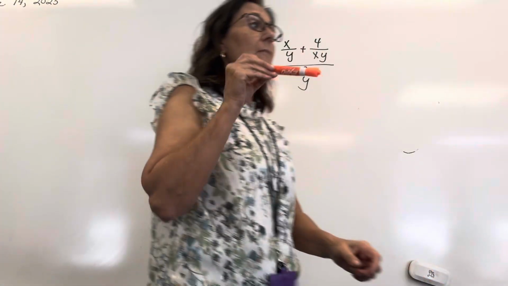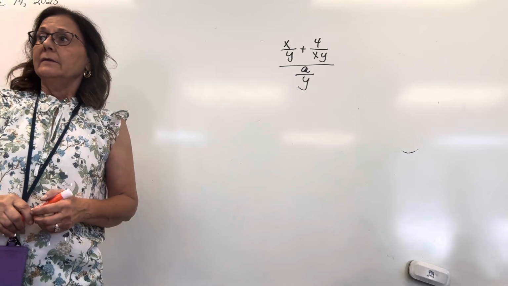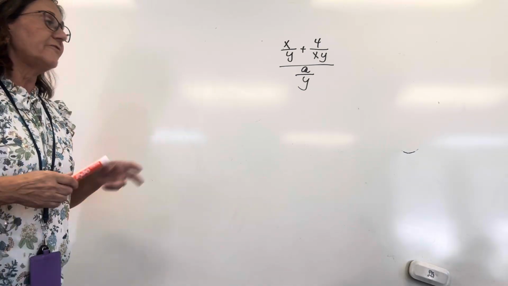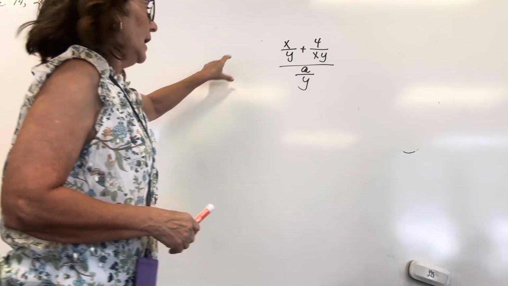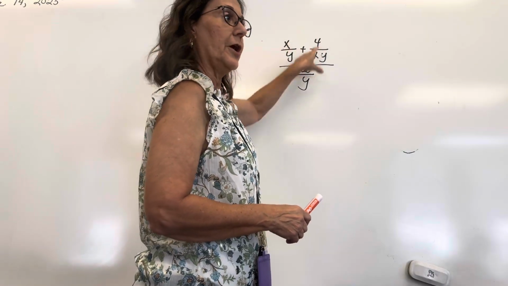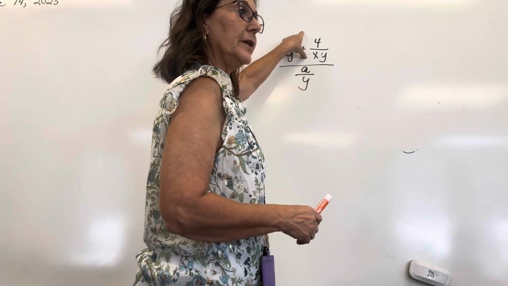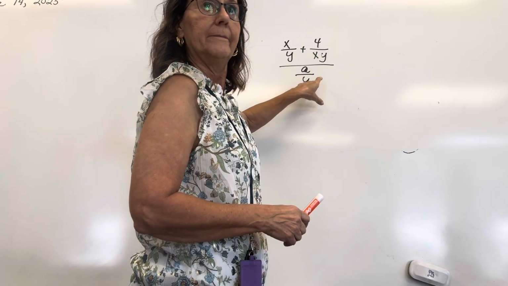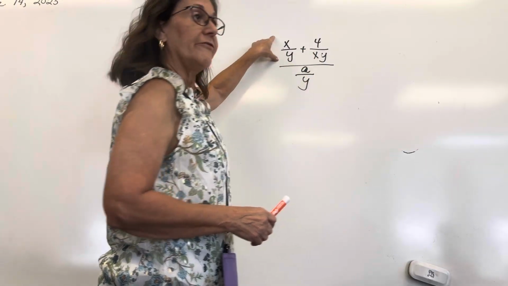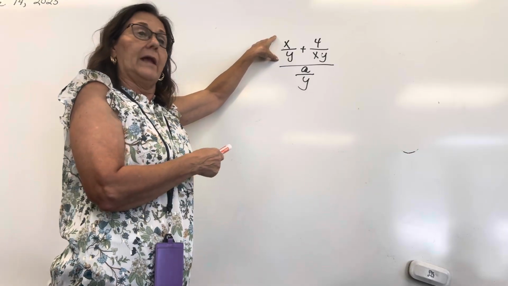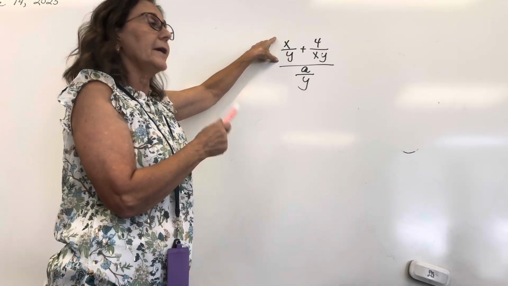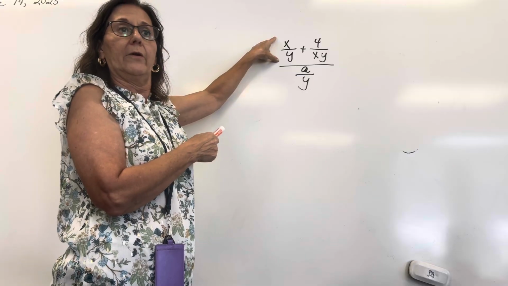Before I multiply by what is effectively 1, I want one fraction over another, not a fraction plus a fraction over a fraction. I want a fraction over a fraction. So the first step would be to get a common denominator in the numerator. So what would be my common denominator in the numerator?